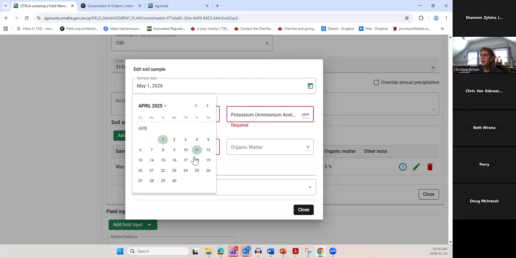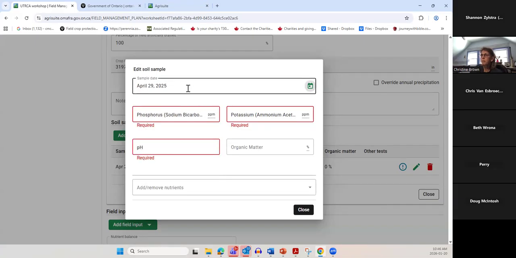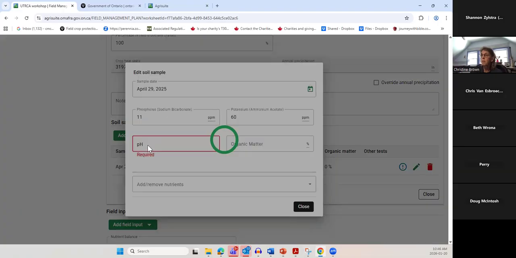I'll say that I took that soil sample in late April, and my phosphorus, in this case, I'm going to use 11 because it's not very high. We want some reason to apply nutrients. Potassium, I'm going to use 60 just because, again, that's low.